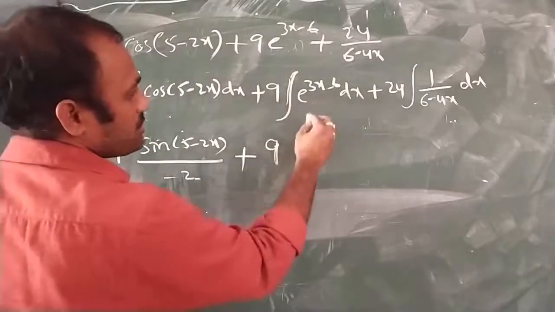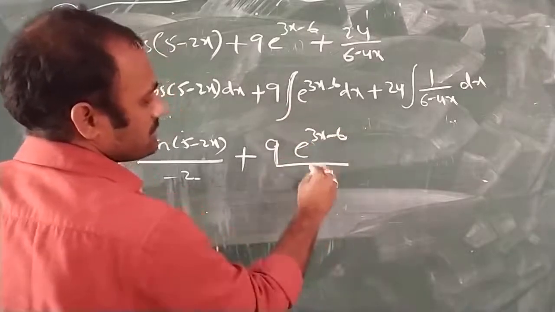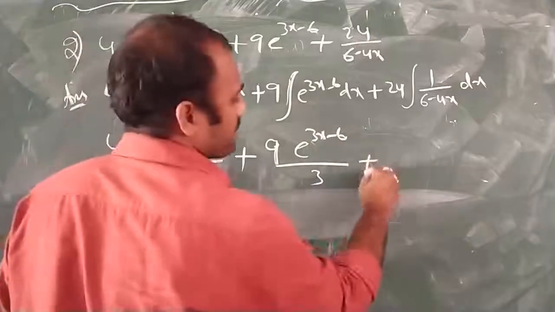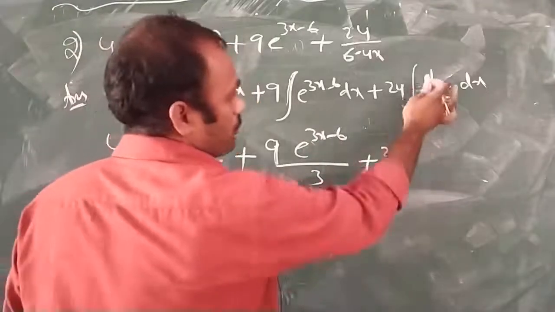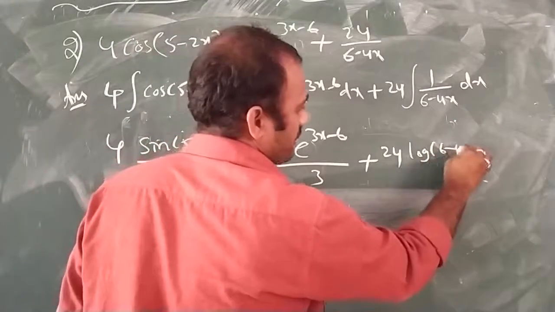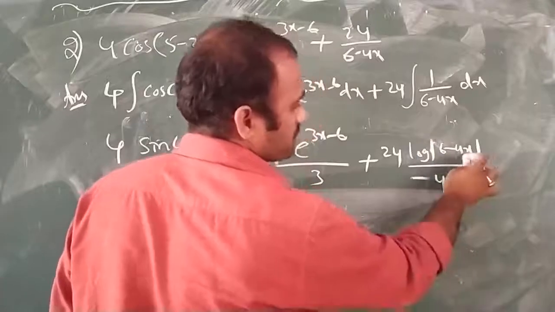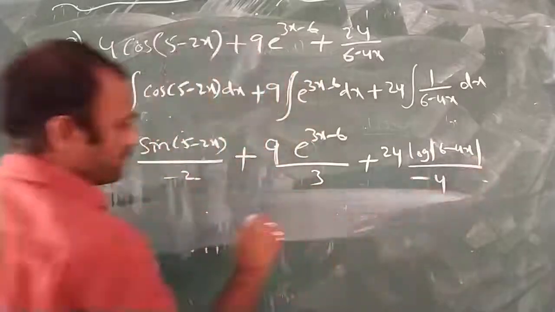Integration of e power x will be e power x only, so e power (3x minus 6), and since there is 3, we divide by 3, plus 24. Integration of 1 by x is log x, that is log of (6 minus 4x) divided by minus 4, since there is minus 4 with x.